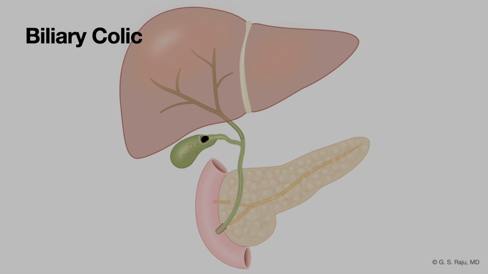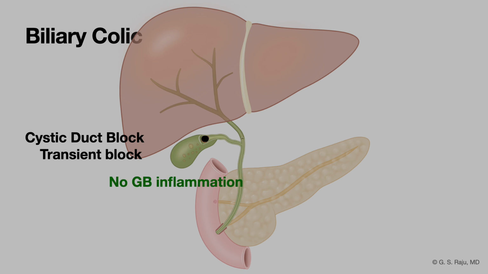But when it goes into the cystic duct and blocks the cystic duct and then comes back, that transient block leads to pain without inflammation, no fever and no jaundice, because the block is transient and it falls back. So all you have is pain.